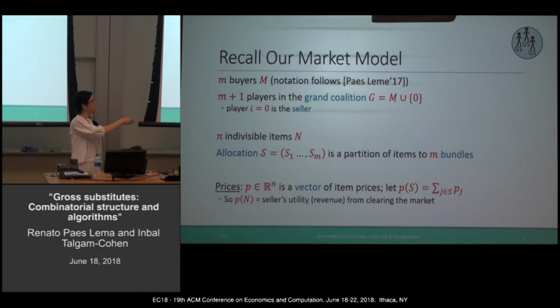So immediately, P of all of the items together is going to be the seller's utility, or in other words, the revenue, if he sells every one of the items that has a non-zero price. In other words, if the market clears. OK? So this is the market model.